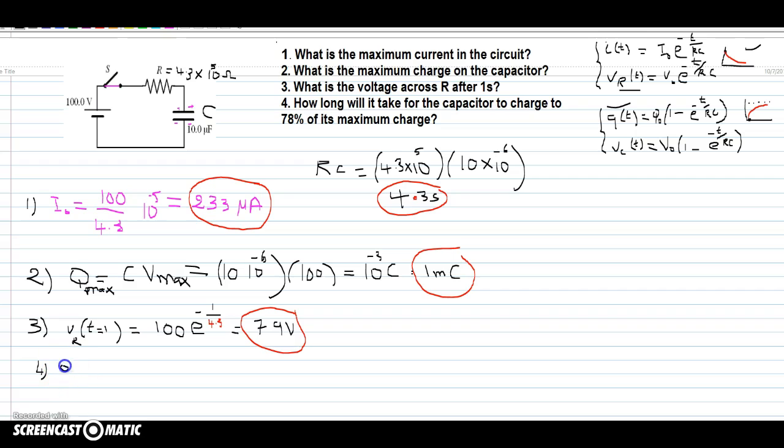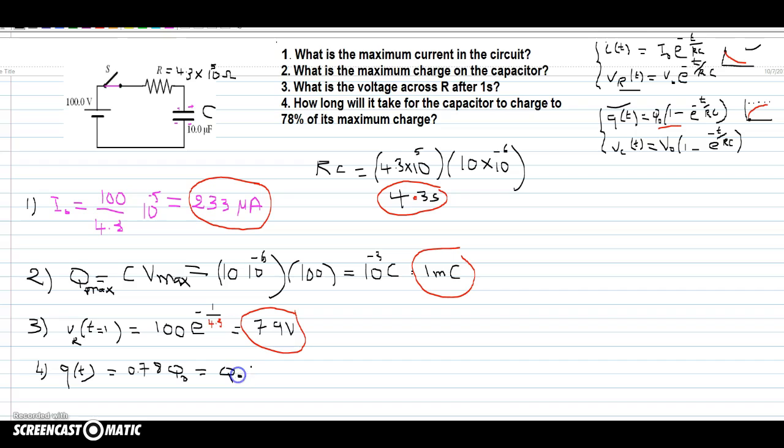So when Q(t) is equal to 78%. What's 78%? 78% means 0.78. I think this is easy. I hope you answer this. 0.78 of Q0 is equal to Q0, the second part of this equation here.